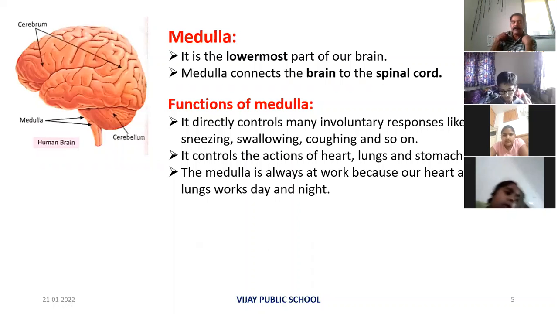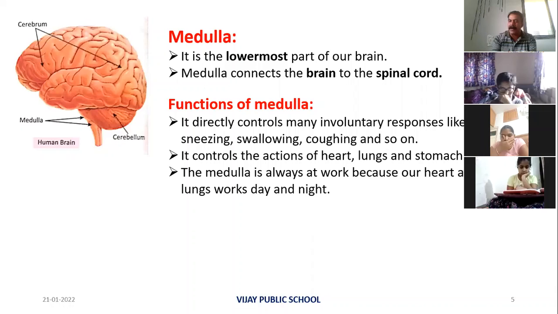At that time, instead of the brain, the spinal cord takes the decision. We will discuss that in reflex action, the last part of this chapter. So once again, the medulla connects the brain to the spinal cord. Keep it in mind. It is a bridge between brain and spinal cord.